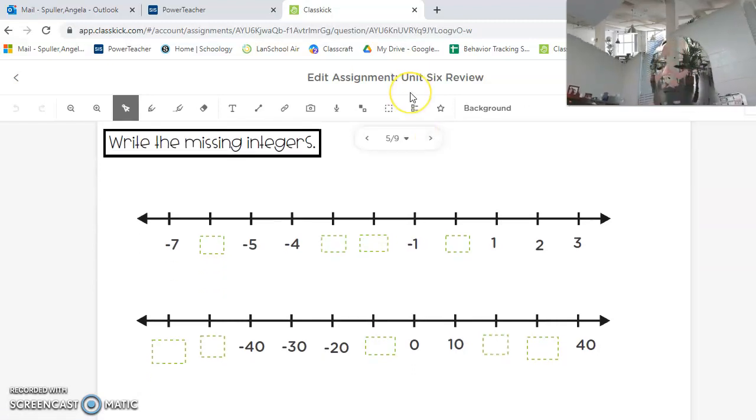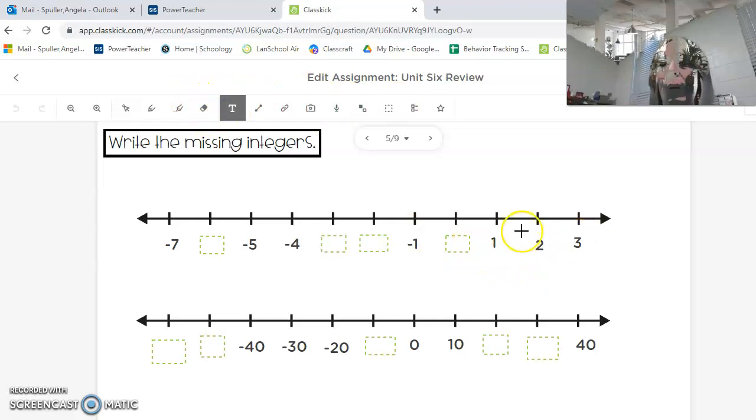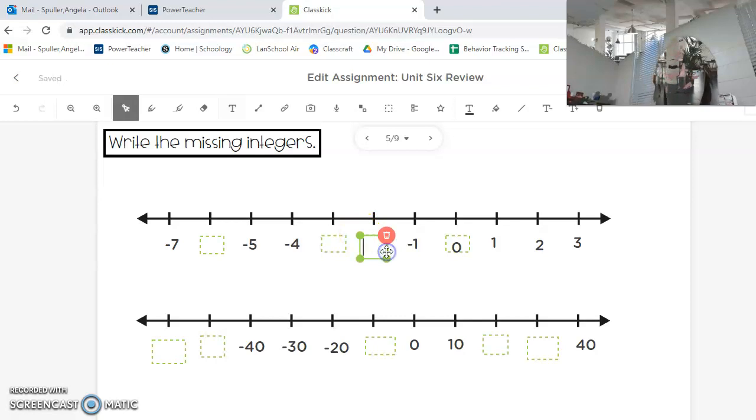All right, finding the missing integers. This can be a little tricky if you're not thinking it through. So first off, let's get the ones we know. We know that right before 1, we always have a 0. Now, here's where it gets tricky, because we're used to the numbers getting bigger going to the right. In negative numbers, they get bigger going to the left. Negative 2, this would be negative 3.